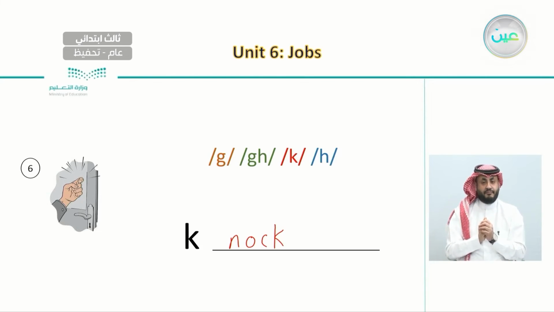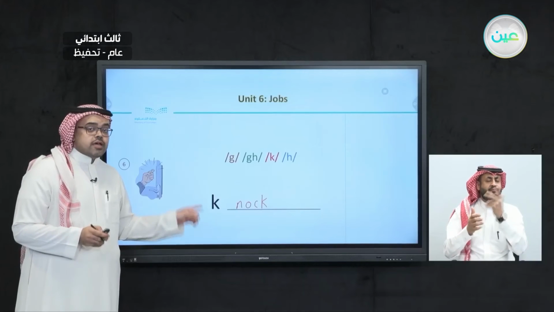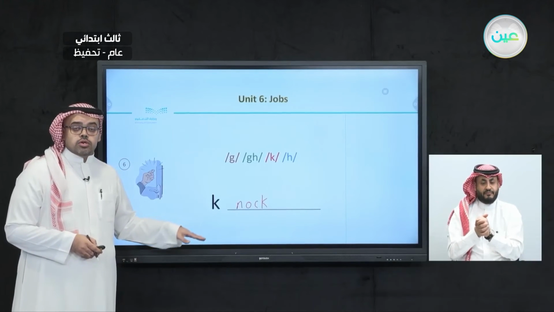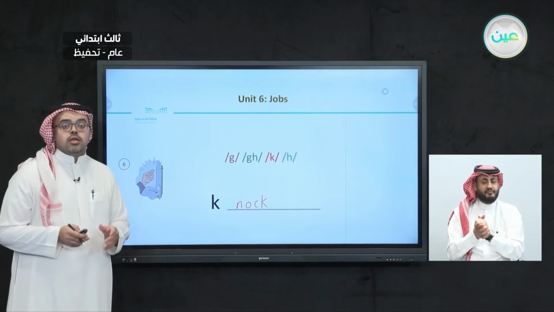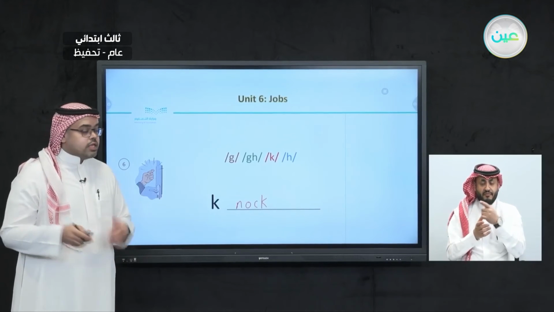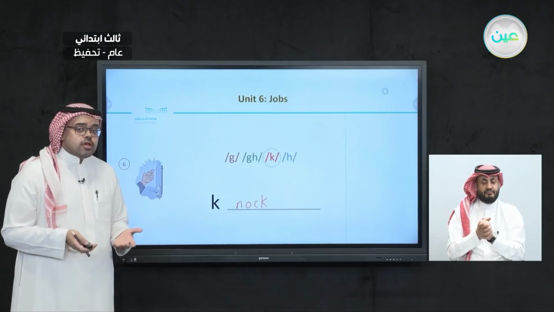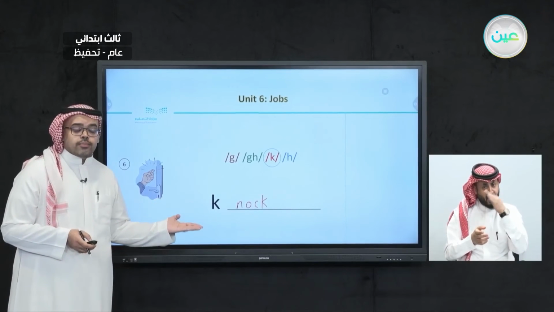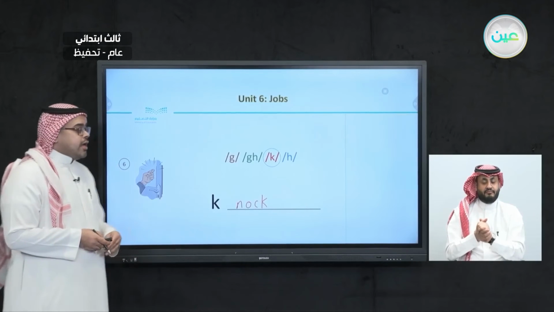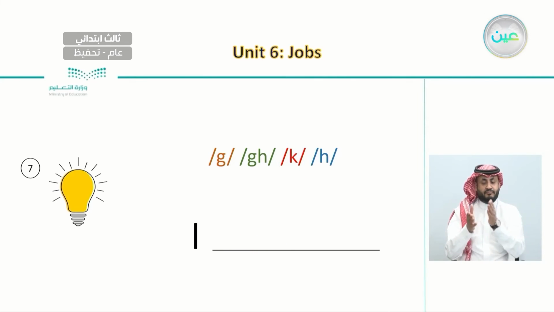Knock, knock. So, what do you think? What is the silent letter in this word? Knock, knock. The silent letter here is K. Here we wrote K, but we don't say it. We say knock, knock. And now, let us move on to number 7.